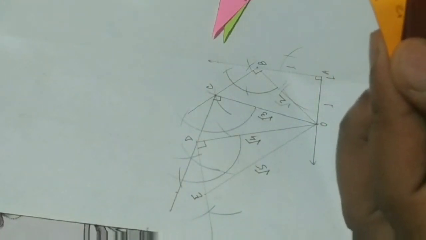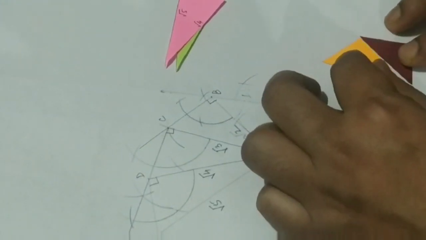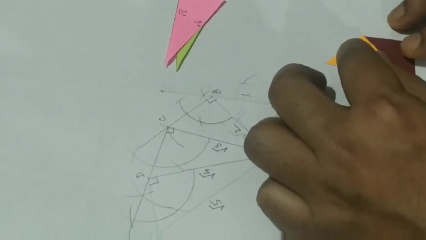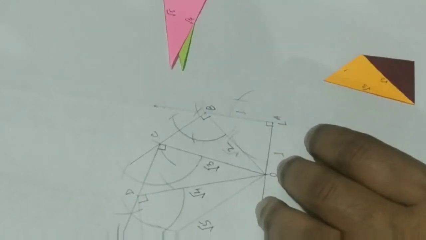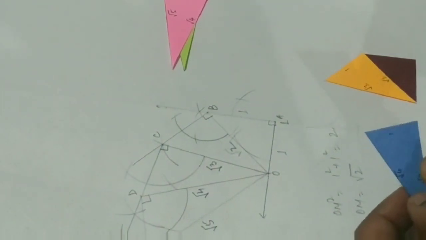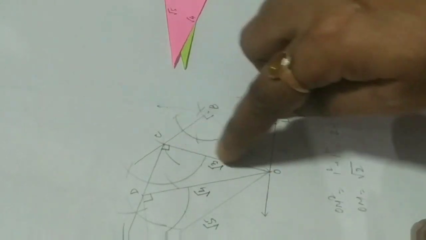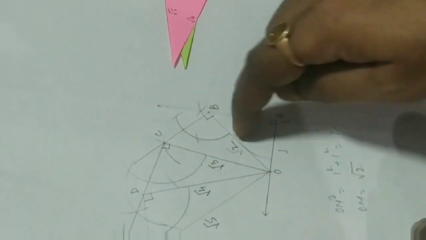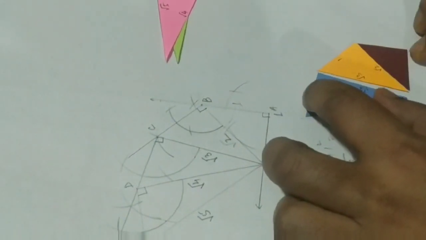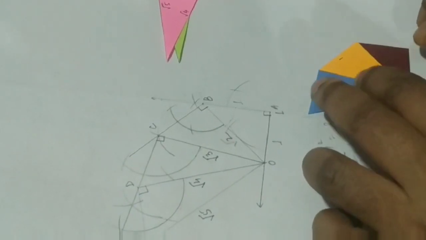We will attach like this, root 2, then root 2 will combine with this one. Then we will take another triangle, root 3 here, root 3, root 4, 1. That means each type of triangle is cut out and each triangle is a right angle. So we will paste one after another in this way.